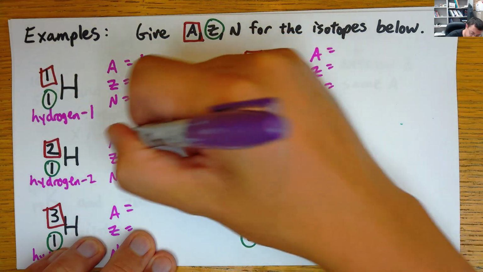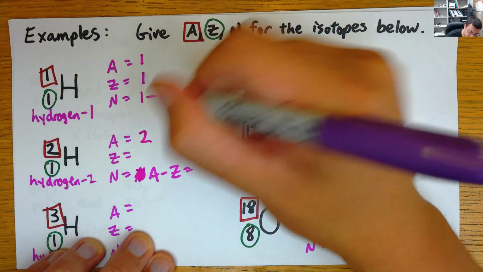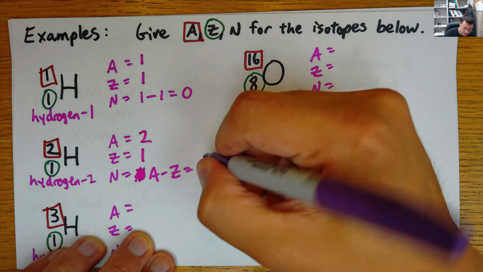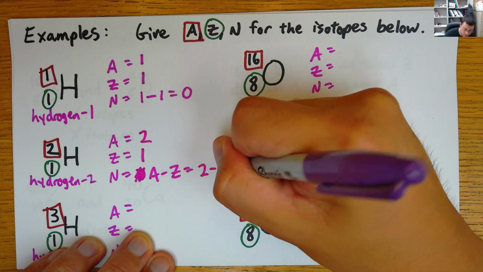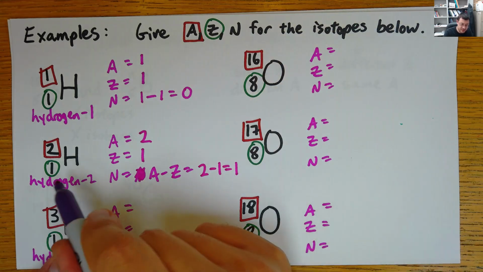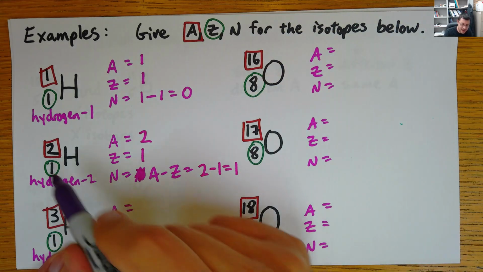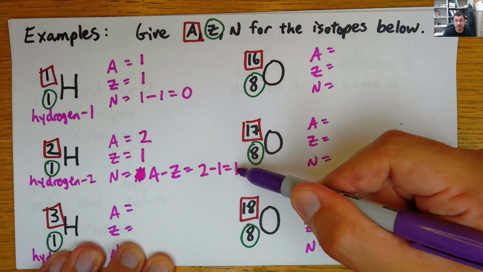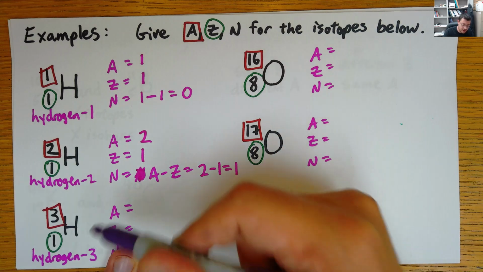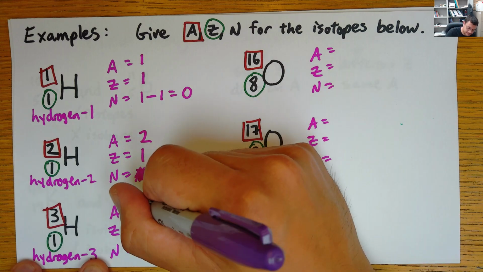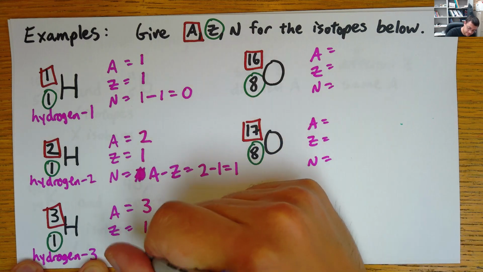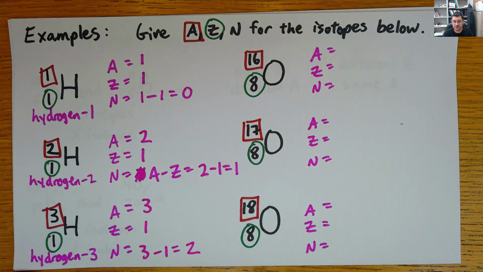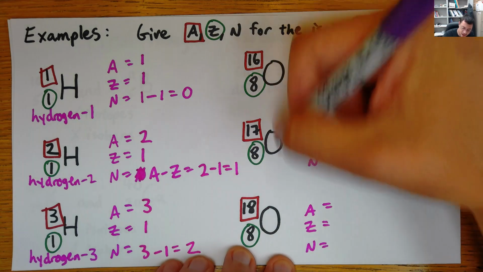Hydrogen 2, mass number of 2, still just 1 proton because it's hydrogen. So we're going to do 2 minus 1, 1 neutron. All right, so deuterium has a mass number of 2 as a result of having 1 proton and 1 neutron. All right, we got hydrogen 3, with 2 neutrons. All right, let's do some oxygen stuff.